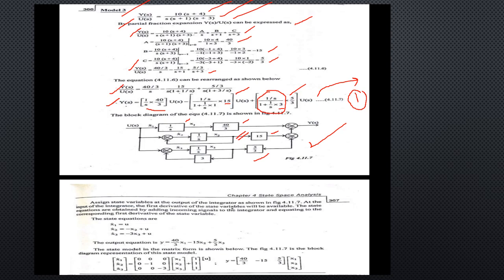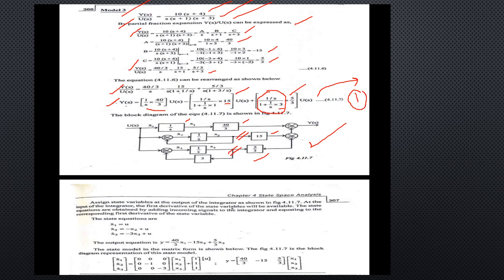Connect the negative feedback loop in cascade with the 5/3 block. This is the negative feedback loop which represents (1/s)/(1+(1/s)·3). We connected this negative feedback loop in cascade with 5/3 to get (1/s)/(1+(1/s)·3) into 5/3.